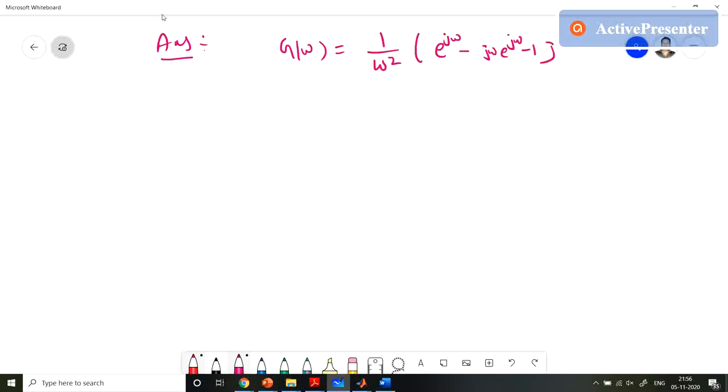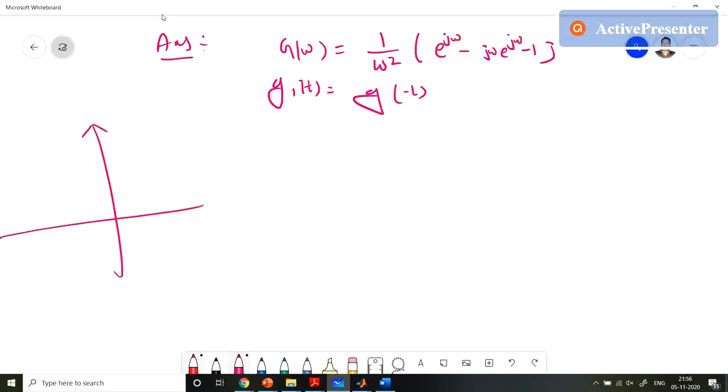So this is provided. Now what is g1(t)? If we carefully observe, g1(t) is g of minus t, because this is g(t).